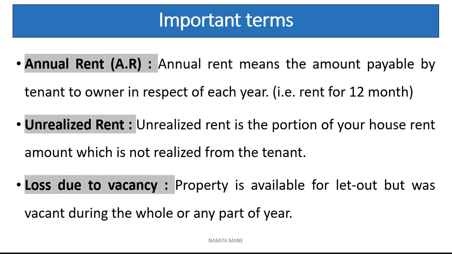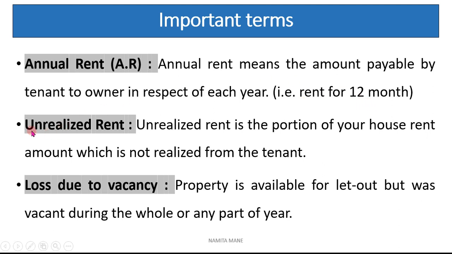So every month the owner will get 1000 rupees. So for 12 months, how much will the owner get? 12,000 rupees. So this 12,000 rupees is the annual rent, which the owner is going to get and the tenant is going to pay. So annual rent means the amount payable by the tenant to the owner in respect of each year, that is, rent for 12 months.